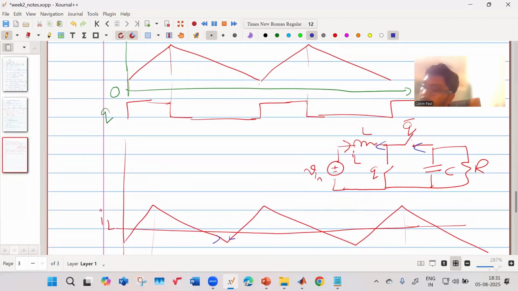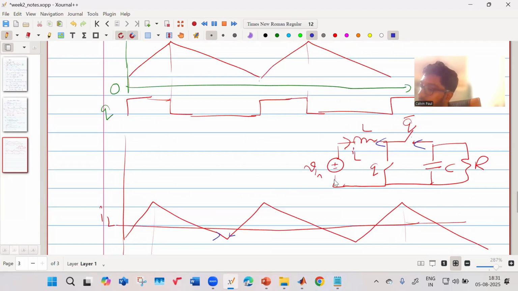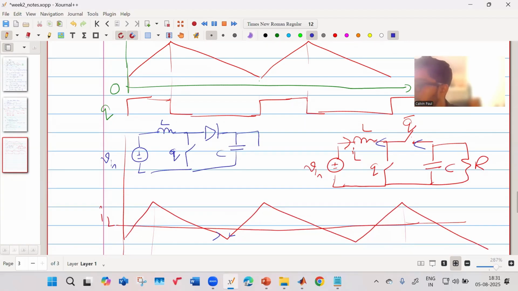But this happens because we are considering that this is a switch. Suppose we replace it by a diode. L, this is your Q. This is replaced by a diode, which is the normal conventional boost converter. Then what will happen?